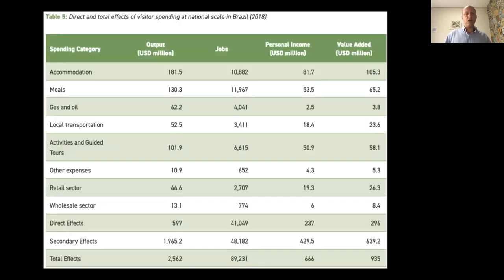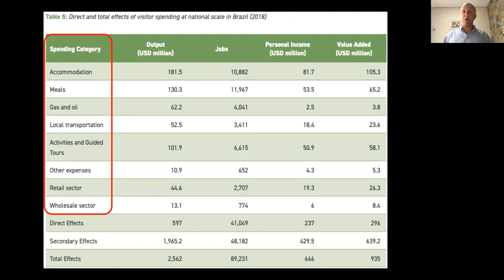So here we have a normal table that we see in this economic analysis, where we present the direct and total effects of visitor spending at national scale, in this case in Brazil 2018. On the left, we have spending categories: accommodation, meals, gas and oil, local transportation, activities and guided tours, other expenses, retail sector, and wholesale sector.